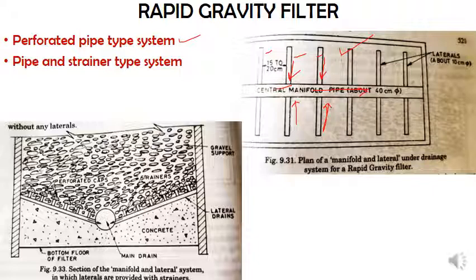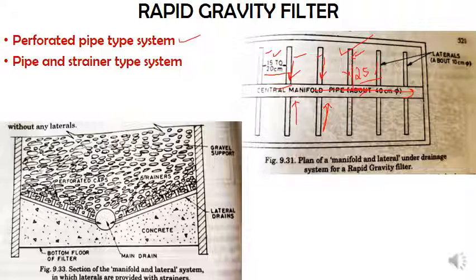All these pipes will be perforated, and usually the perforation will be around 25% of the surface area of the pipelines. Through these perforations they collect the filtered water, which comes to the main line and from there gets out, and the distance between each of these will be around 15 to 20 centimeters.